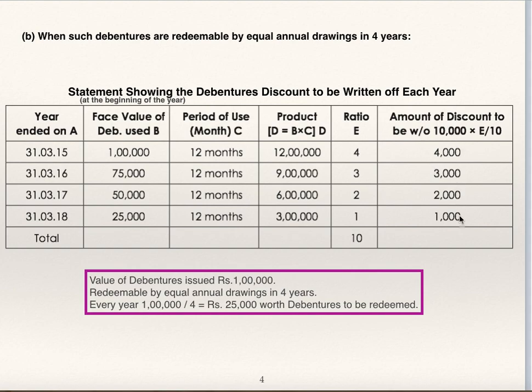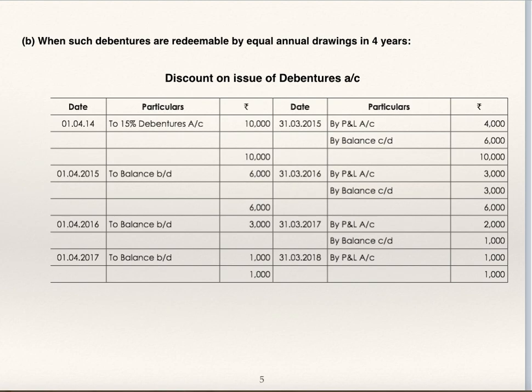So these amounts are to be written off at the end of first year, second year, third year and fourth year. When debentures are redeemable by equal annual drawings in 4 years, discount on issue of debentures account. First year, to 15% debentures 10,000, by profit and loss account 4,000, balance carried down 6,000.